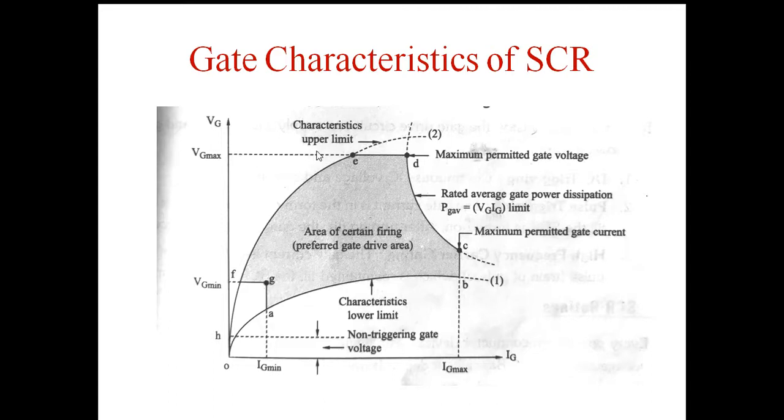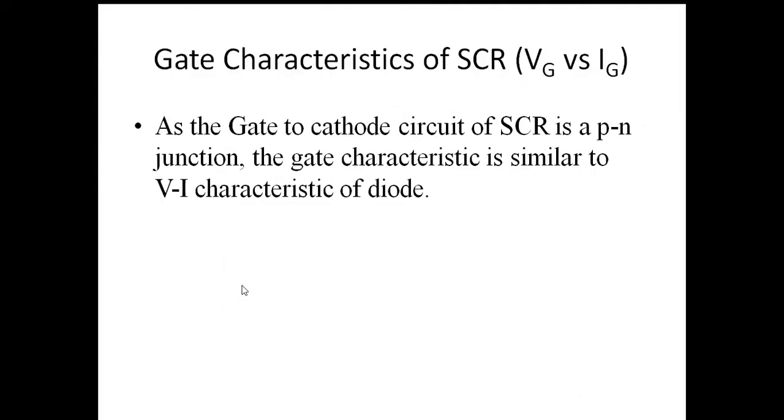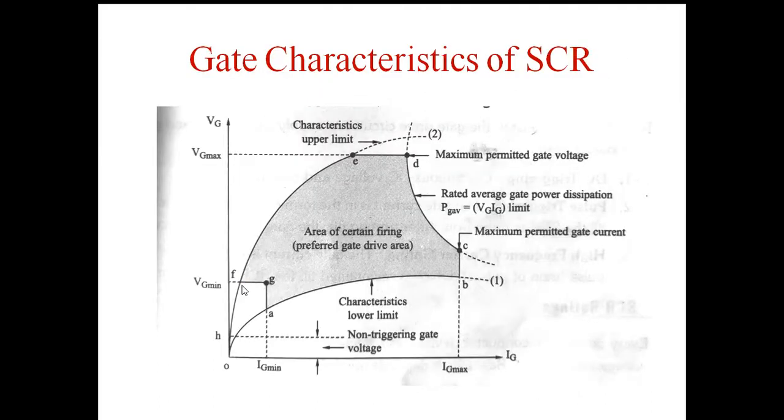So this will represent the maximum voltage to appear across the gate to cathode junction of the SCR. If we further increase, the junction J3 may get damaged. So this is the minimum gate voltage to appear across the SCR. And this is the point at which the conduction of the SCR takes place.